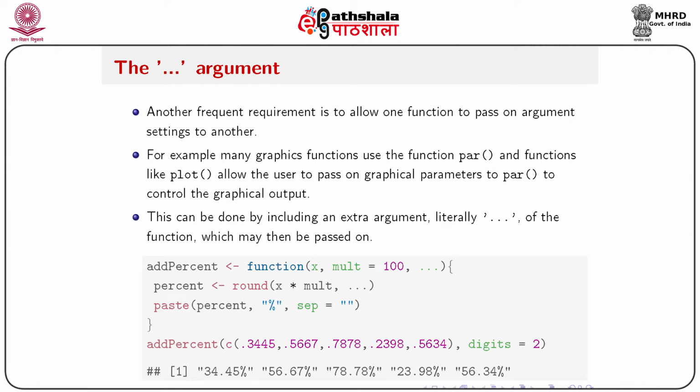See, I'm not including anything here about the rounding digits. The significant digit I have not mentioned anywhere in the function I defined. Instead I put a triple dot. That triple dot can be considered as anything that is appropriate for the round function. So then we can just pass these fractional values, and if I say digits equals 2, automatically it will come in a percentage format. Digits equals 3, then it will be 3 digits.